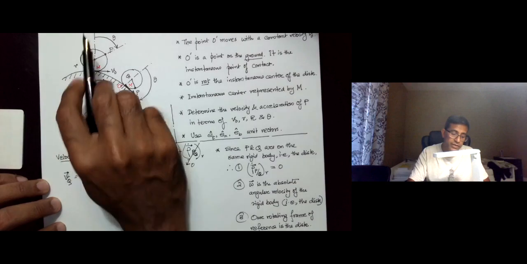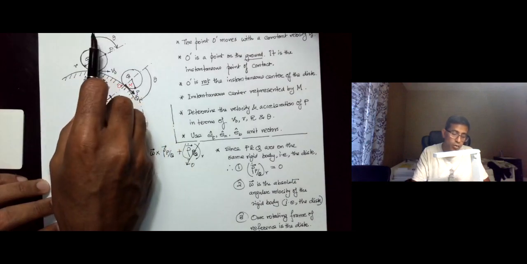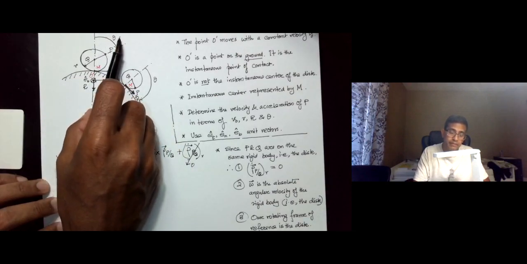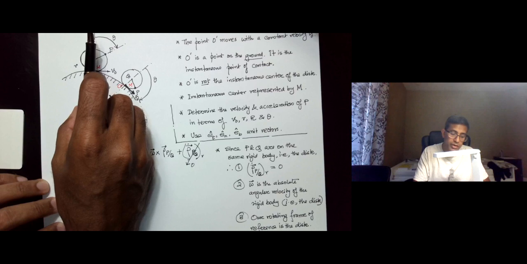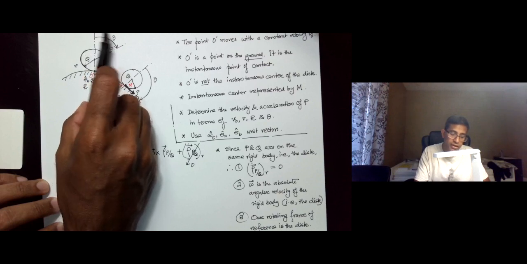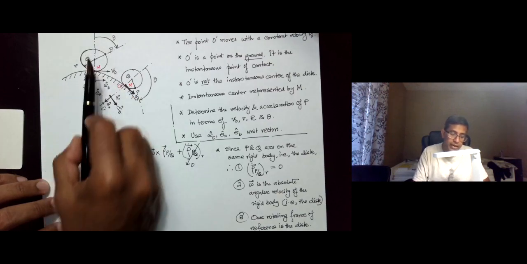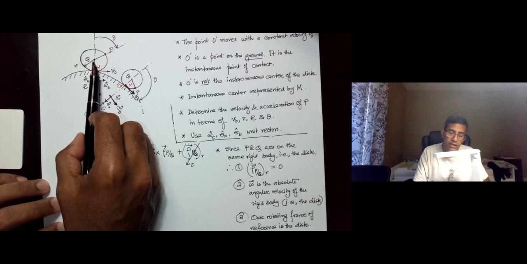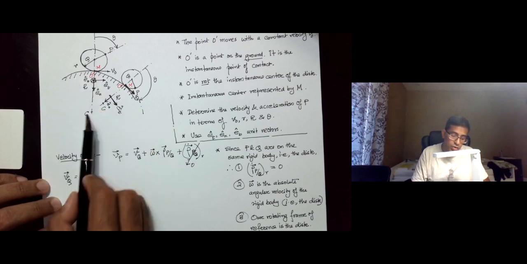So if this line C O prime Q is turning with an angular velocity of V0 divided by capital R, then what is the velocity of the point Q, knowing that the velocity of the point C is 0?